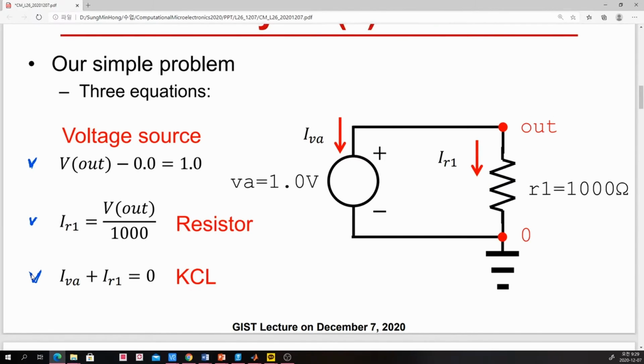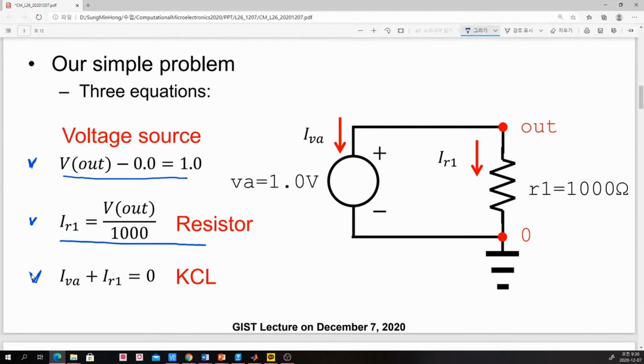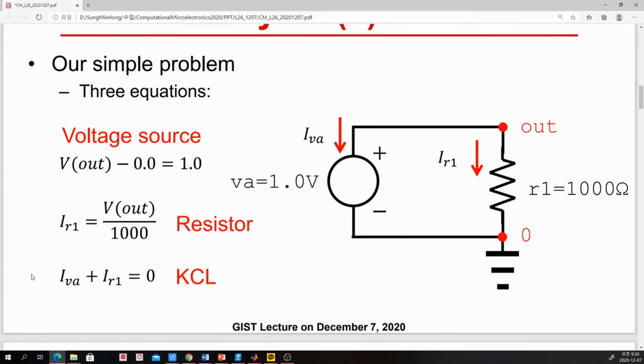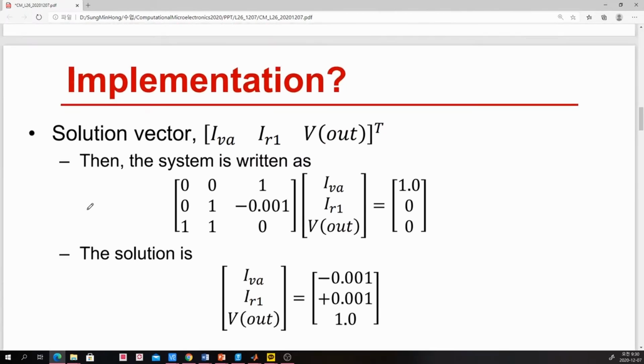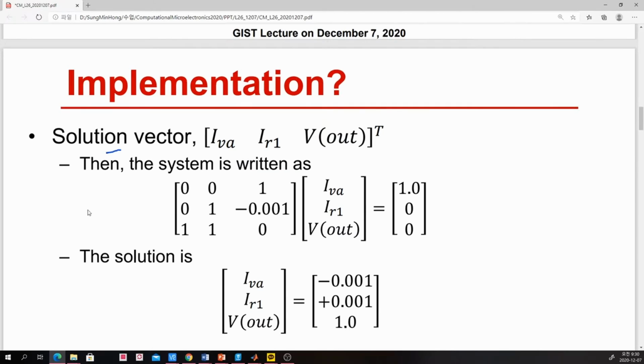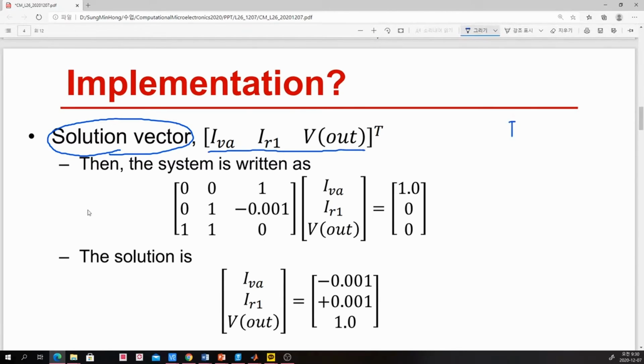So for a voltage source, for a resistor, or for a capacitor, we can write an equation depending on its property. Let's go to the implementation. You can identify that the solution vector is recognized as this one: IV, IR, V, the output.